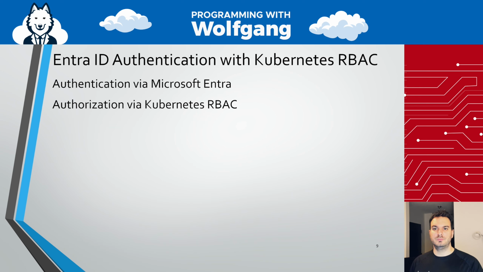Then the next authentication mode, which is better but still not great in my opinion, is the Entra ID authentication with Kubernetes RBAC. So as we've seen today, we use the authentication via Microsoft Entra. This means we have to log in with our Entra user, and then we do the authorization with the Kubernetes RBAC. This means Kubernetes checks its role bindings, what permissions we have.